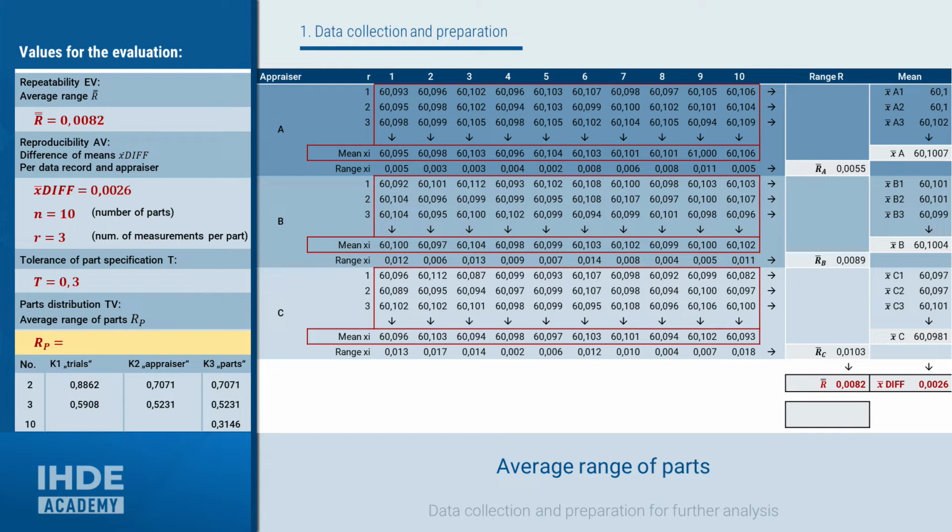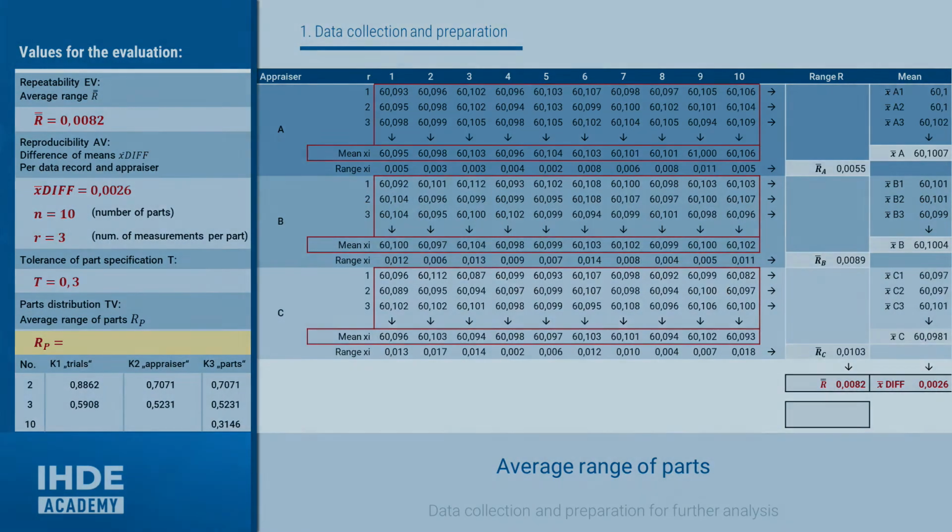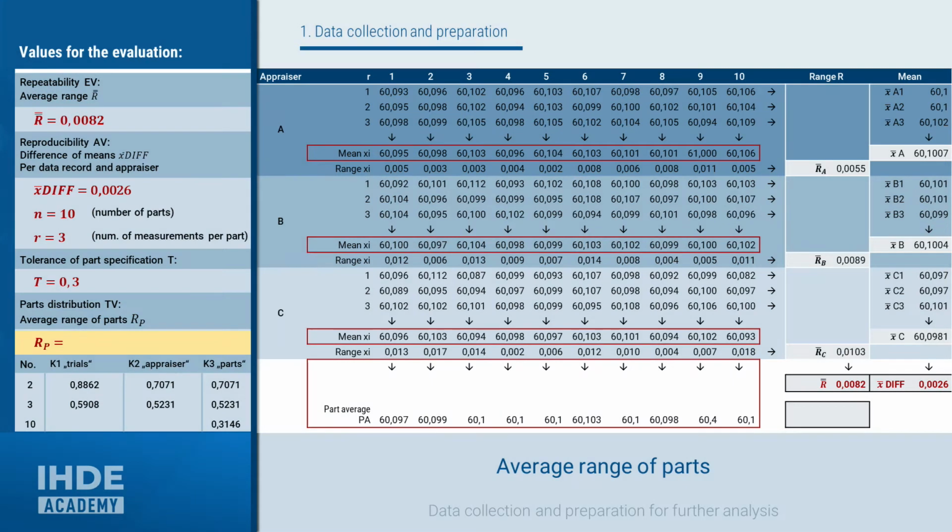First of all, the average diameter of the 3 measurements must be calculated for each part and appraiser. The mean diameter for each part is then calculated from these values. These 10 values can be found at the bottom of the table.